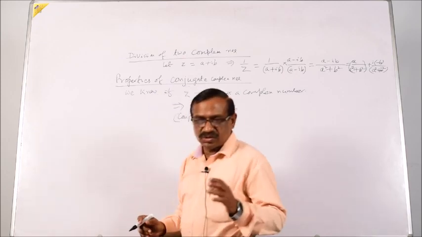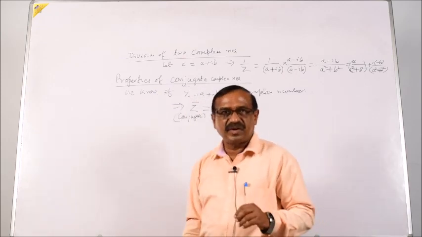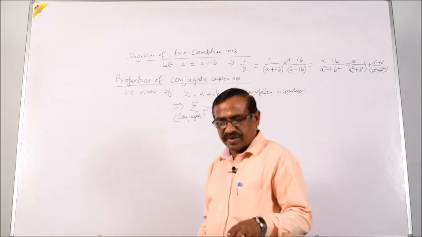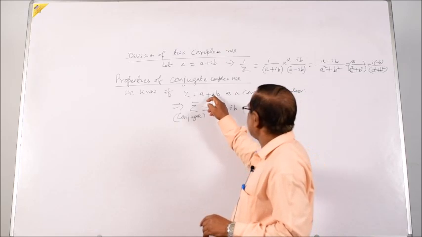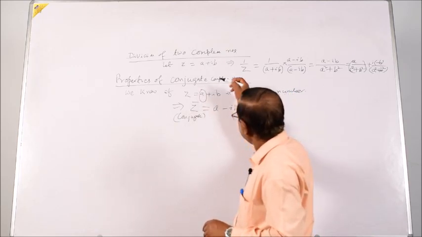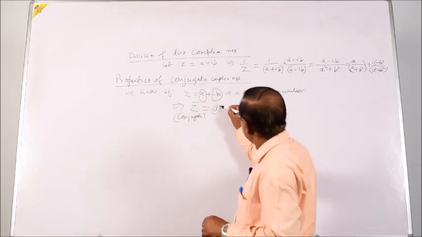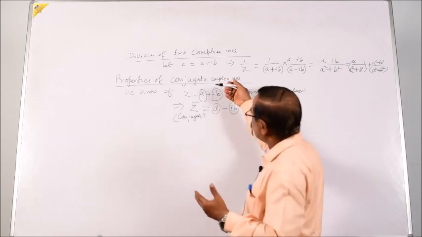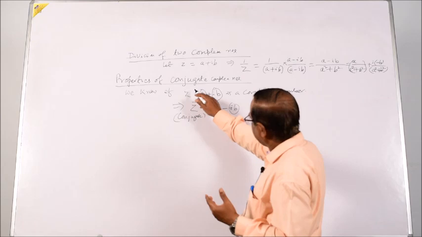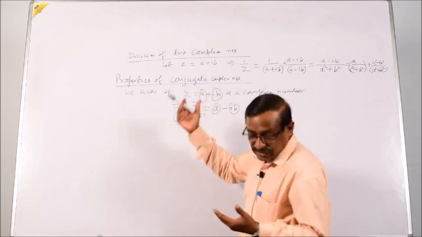That means the conjugate of a complex number and the complex number differ only in sign before the imaginary part. Because you see this is the real part, this is the imaginary part. This real part is here, it is plus, it is minus, and each is the conjugate of the other. Z has conjugate Z bar and Z bar has conjugate Z.